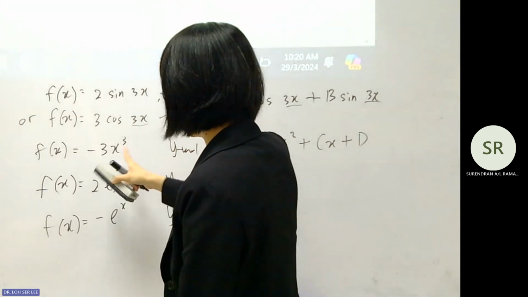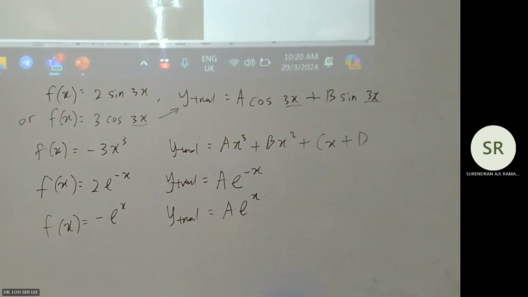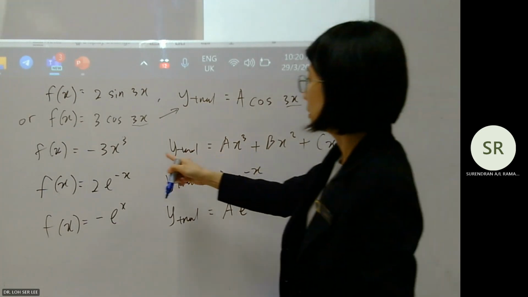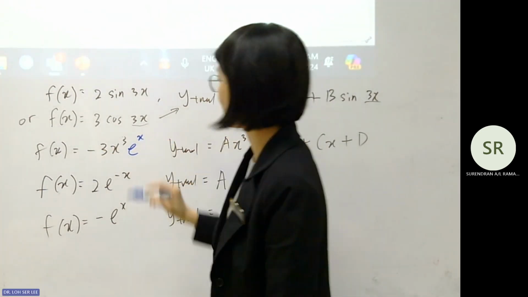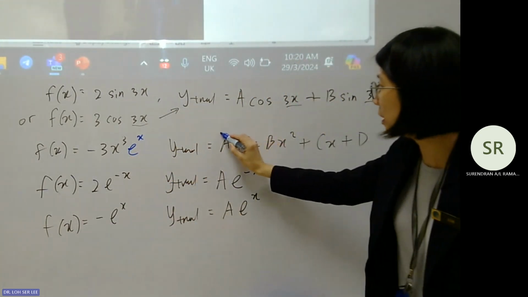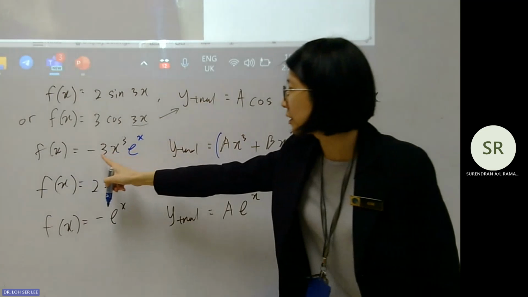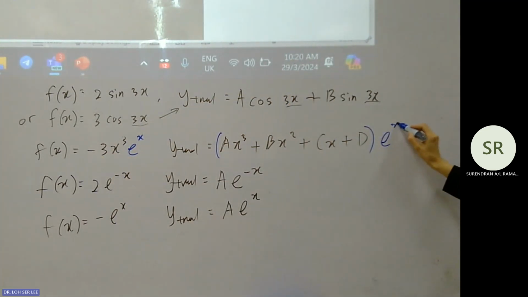For example, let's say this function multiplied by e to the x. So your y trial will be the general form of the polynomial multiplied by e to the x, just an extra e to the x.